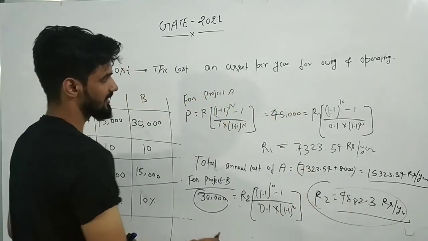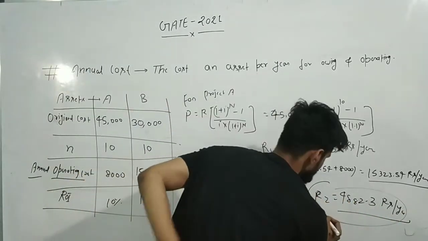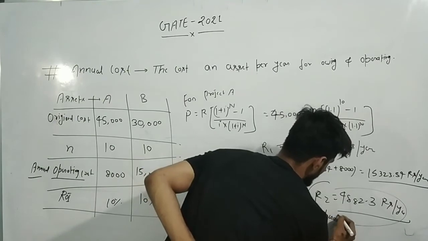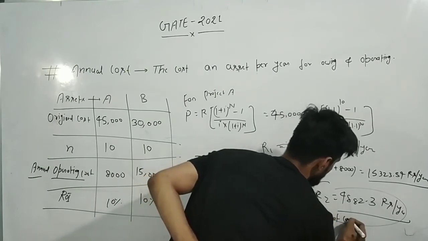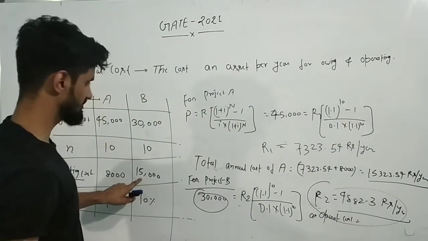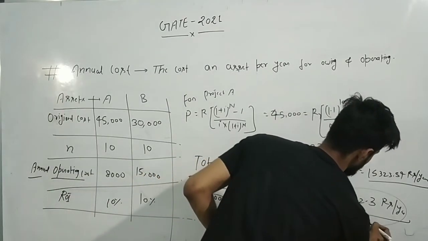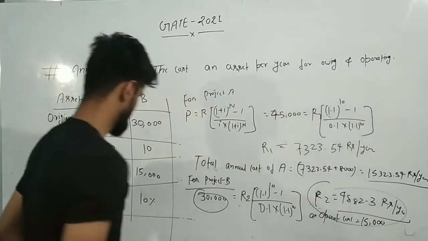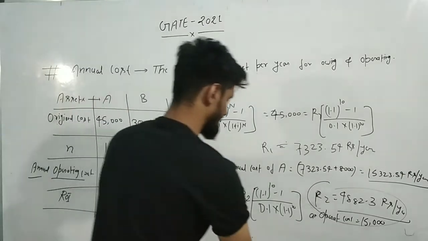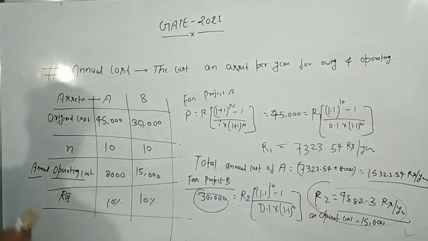Now the operating cost for this, the annual operating cost given in the question, is equal to 15,000. So if you want to write, then you can write, I am just roughing it out.